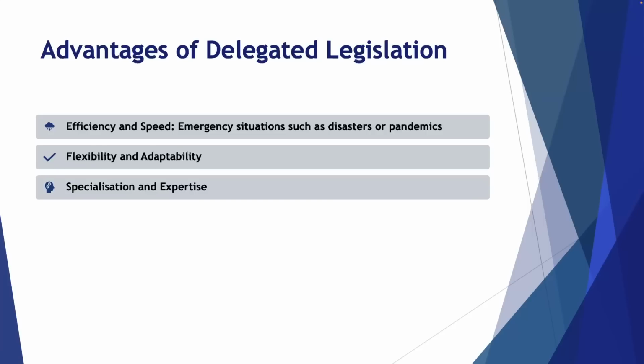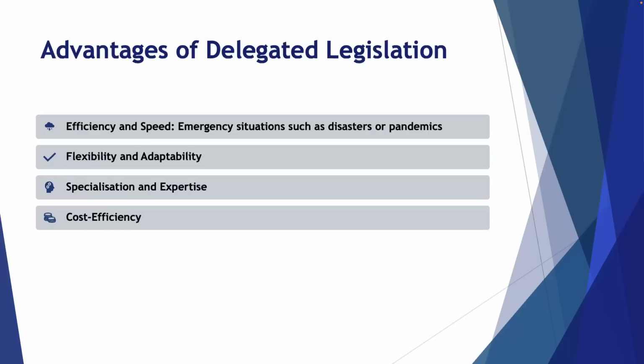An example that you could illustrate is in the field of environmental regulation. Agencies like the Environment Agency have the necessary expertise to look at issues surrounding waste management, pollution control, or climate change, and they are able to adapt very quickly with detailed and specialized delegated legislation, which is something that would be very difficult for Parliament to deal with and handle directly.